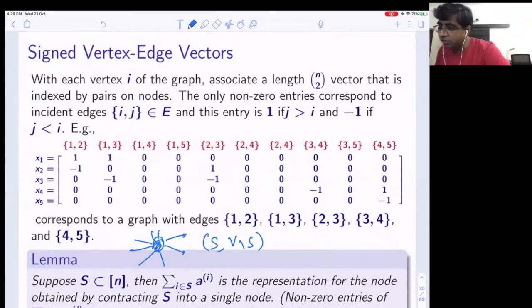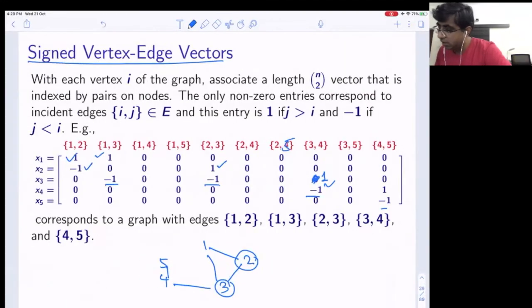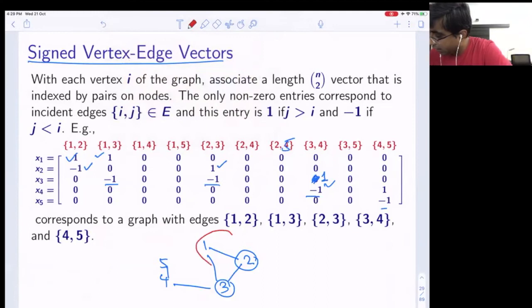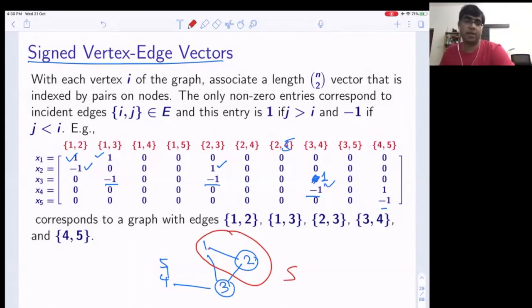This is an edge which is incident to both 1 and 3. Suppose this is my S, then look at edge 1 2. This edge 1 2 will occur once for the lower index with +1, and for the second vertex, 1 becomes the lower index, so it will appear as a -1.